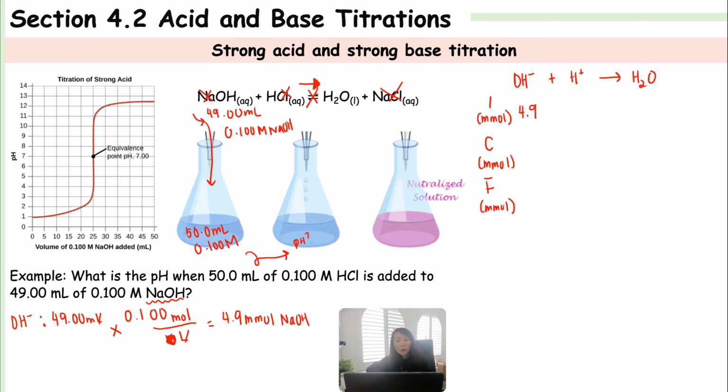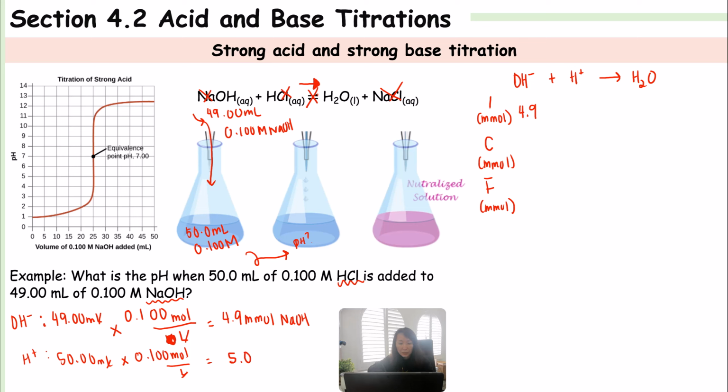What about for the acid, or H plus? H plus, that's referring to this one. It's got 50 ml multiplied by the concentration, which is 0.100 moles over liter. Cancel out the liter, and you would get 5.0.